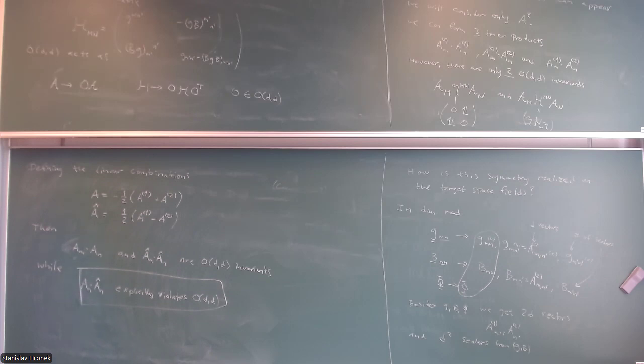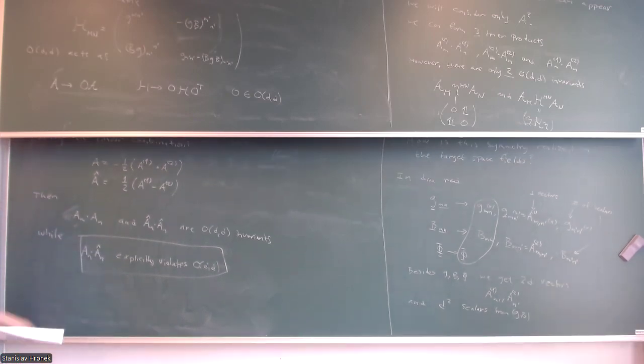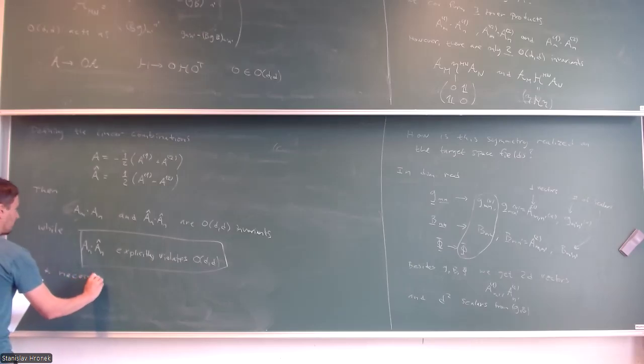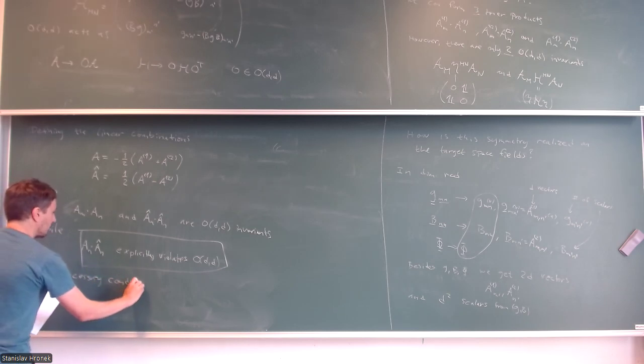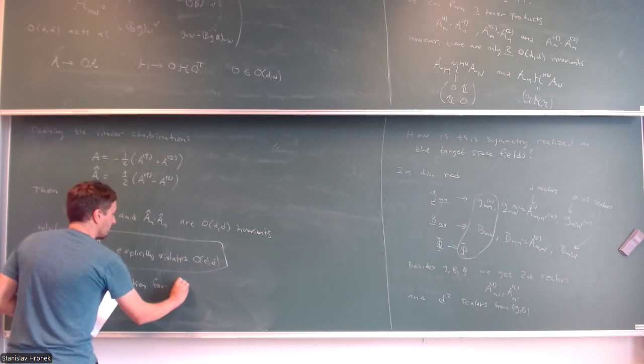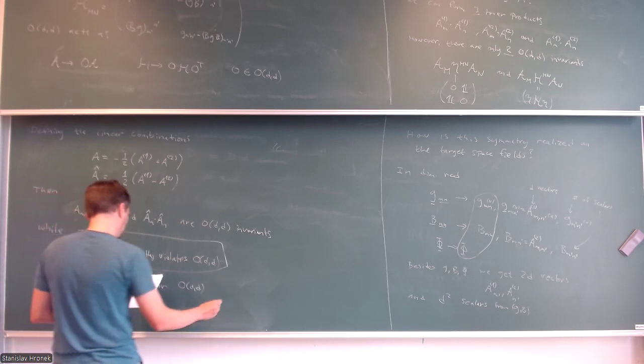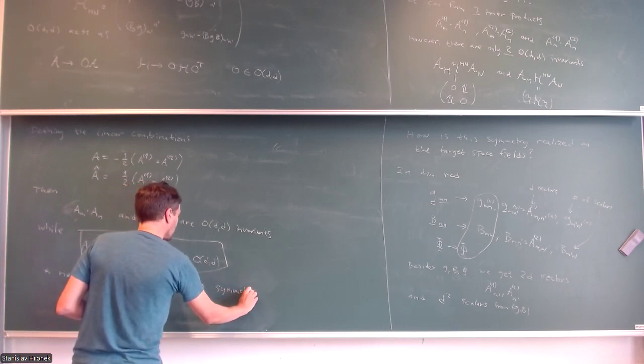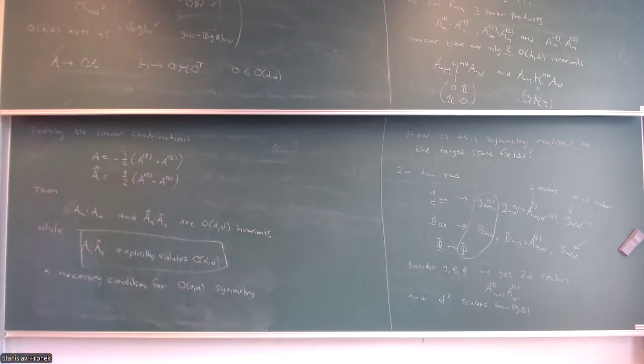Because these combinations will appear when you do the dimensional reduction, but the necessary condition for O(D,D) symmetry is that all such terms have to cancel out because they explicitly break O(D,D). There's no way that they can be there. And we know that O(D,D) symmetry has to be there because it's sigma-model orthogonal.